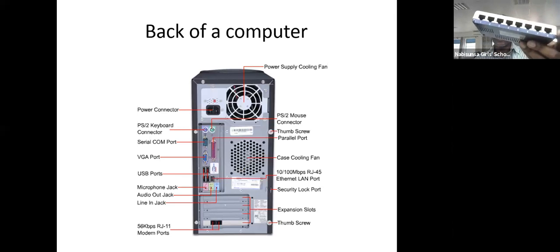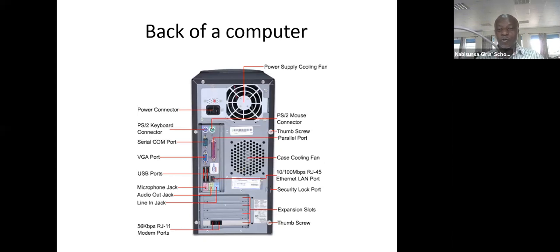And other types, we used to have what we call hubs. So this cable, one end goes into this, like this, and then the other end goes into the computer where you see the Ethernet LAN port, and this one is then connected to the source of internet or network, and then the computer can now communicate with other computers within the same room or outside your area through what we call a wide area network.